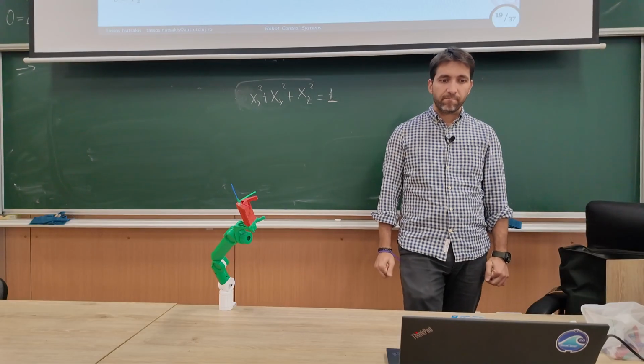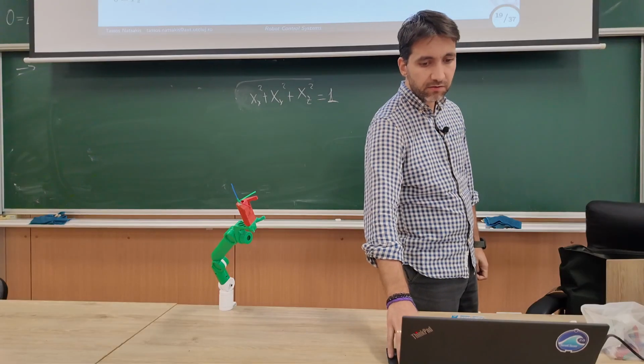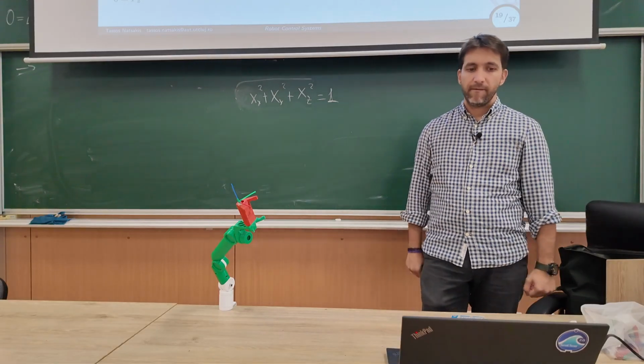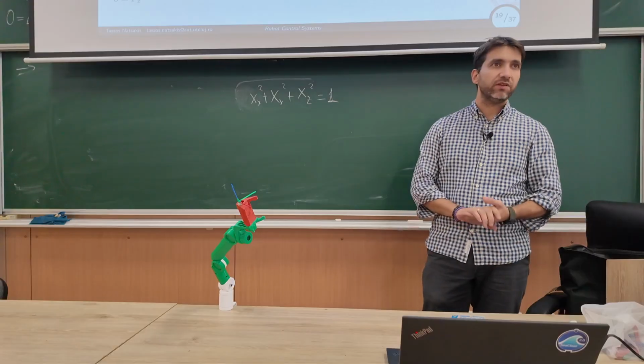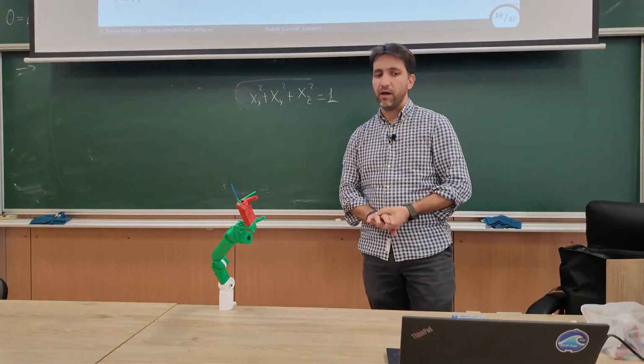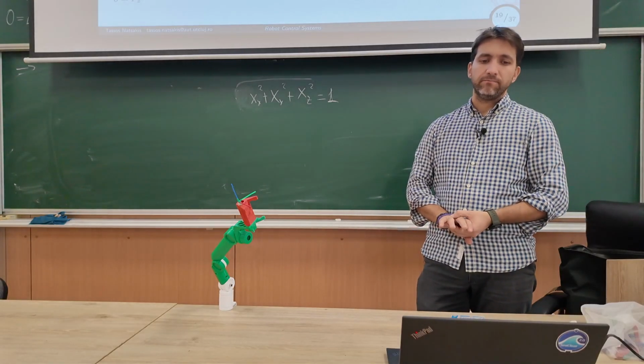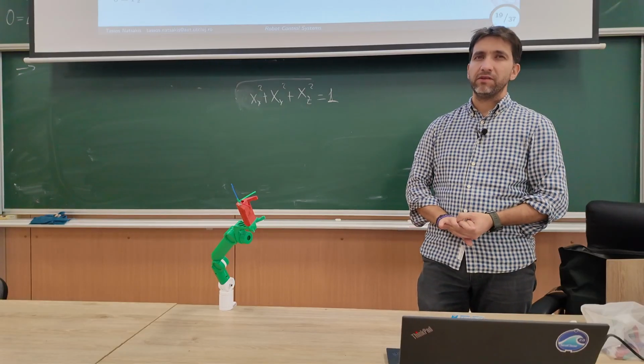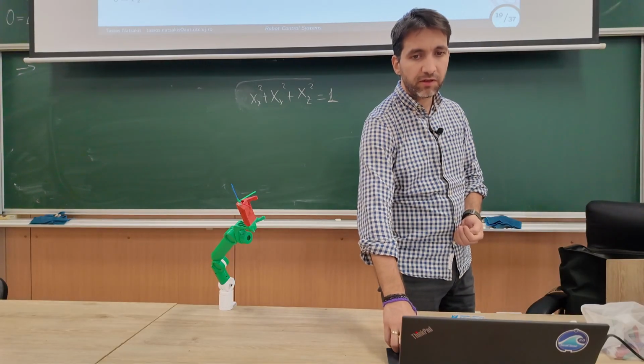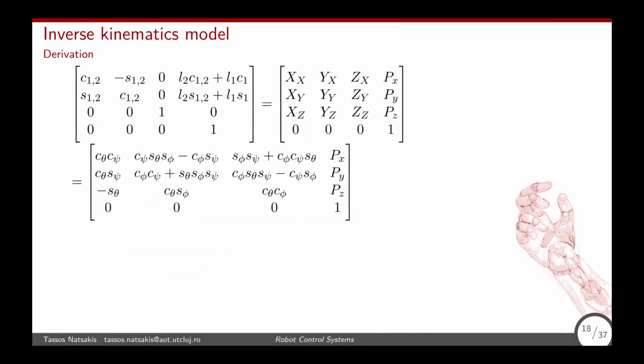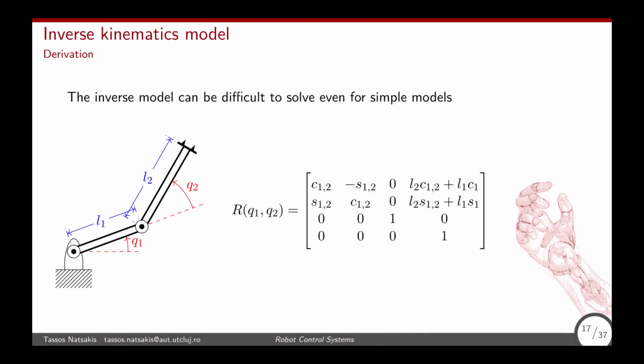Now, how much freedom do we have? This relates to the discussion of the degrees of freedom. What did we say when we were talking about degrees of freedom, when we were talking about the robot model? How do we add degrees of freedom in the robot? Adding more joints.